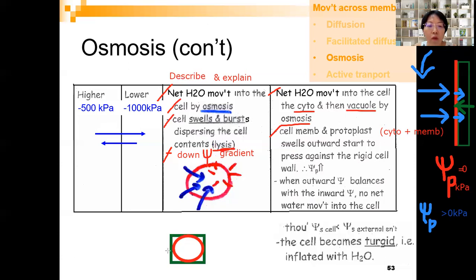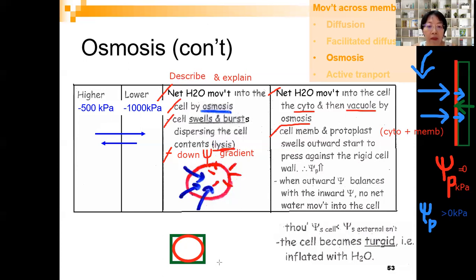Let's say all four sides are already restricted by the wall of the box. Will it be able to continue to expand? No, right? If there's no box there, it will continue to expand like our red blood cell and eventually it will burst. But now its expansion is restricted by the wall that's surrounding it. So after you blow it until a certain extent, it can no longer expand already, right?